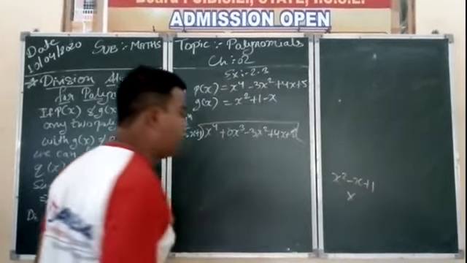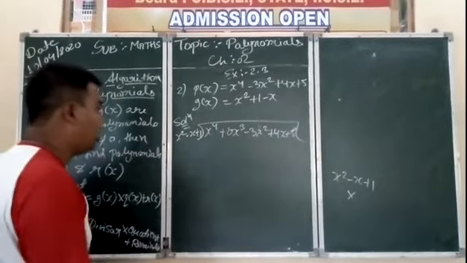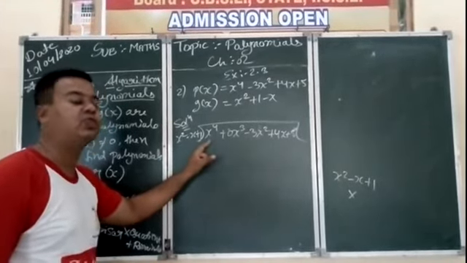This divisor is multiplied by which term to get the first term x to the power 4?